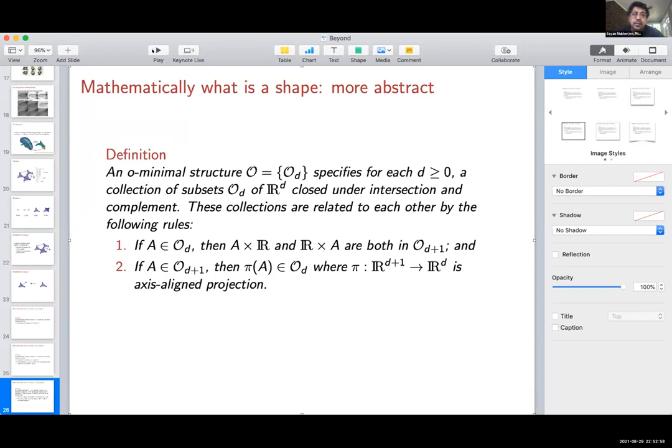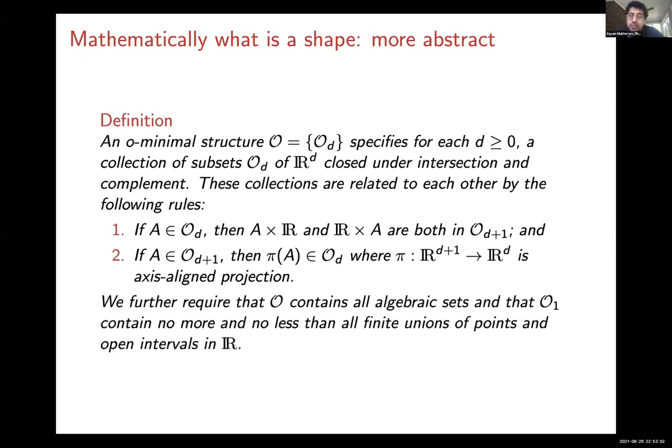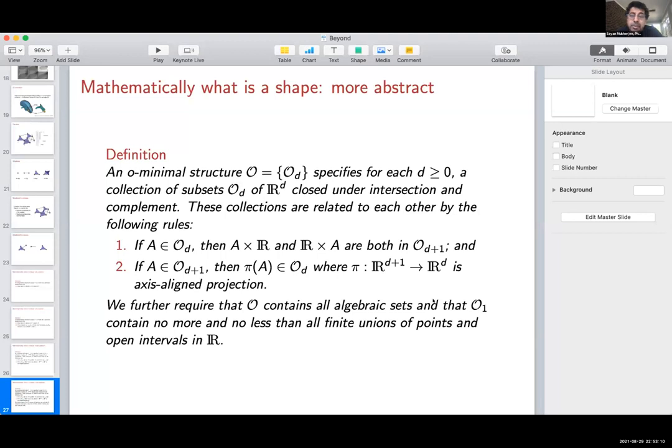And if you think about sheaf theory, this is actually a very general tool to think about this. And further, we're going to require all the algebraic sets, right? And O1 contains no more and no less than finite unions of points and open intervals in R. So this is an important idea, and this is going to be our notion of tameness.